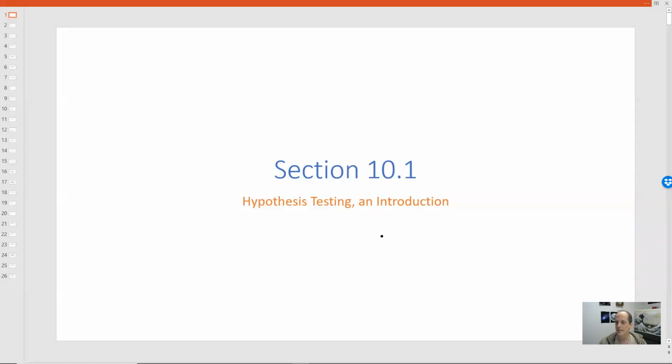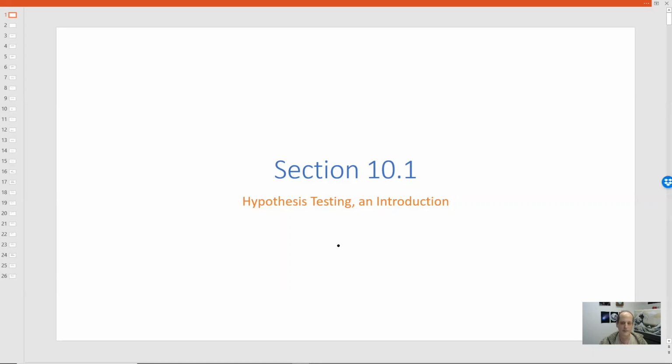All right, so our topic is the introduction to hypothesis testing. In hypothesis testing, you're going to find a lot of overlap with what you just learned in terms of creating confidence intervals.